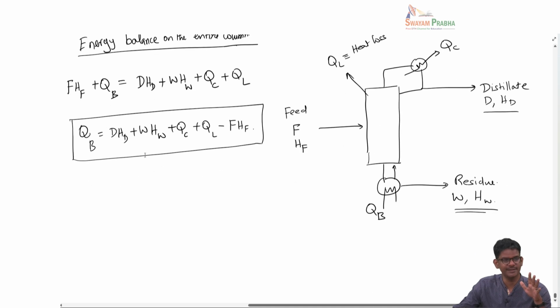For example, if you want to calculate QB, it is not enough to know only the enthalpy terms HD, HW, but you also need the distillate flow rate D and the residue flow rate W, and so on. So energy balance and material balance have to go hand in hand in terms of designing the distillation column.